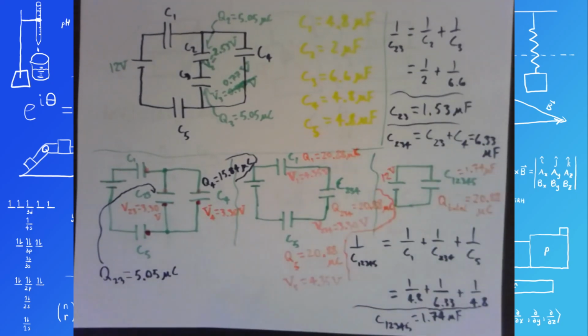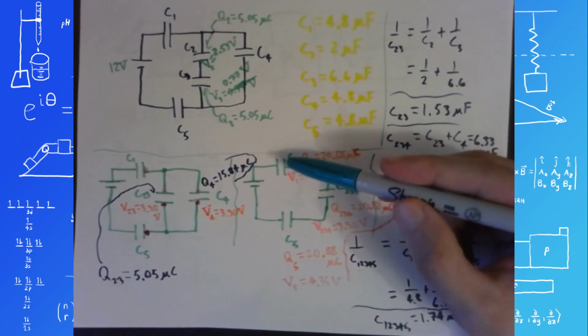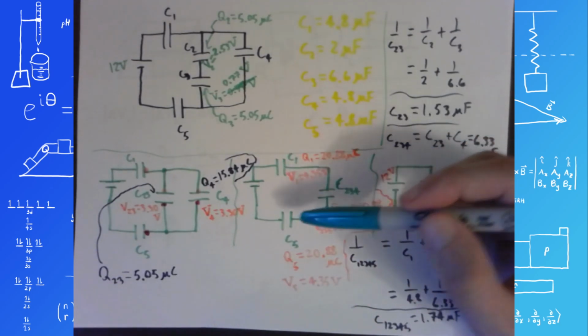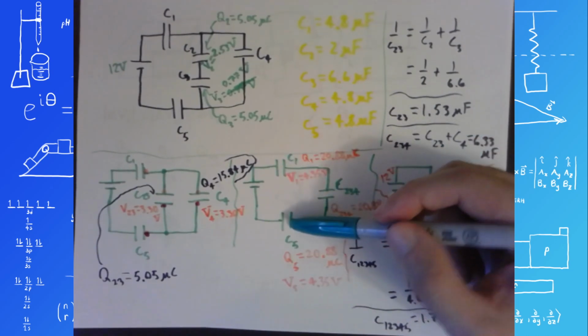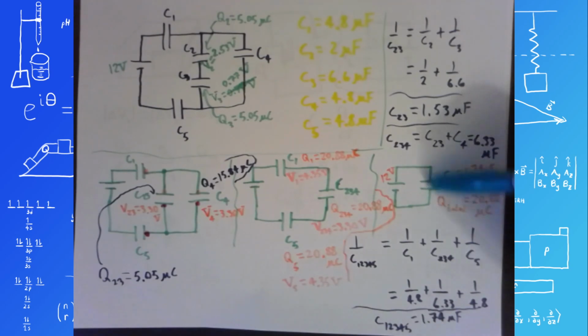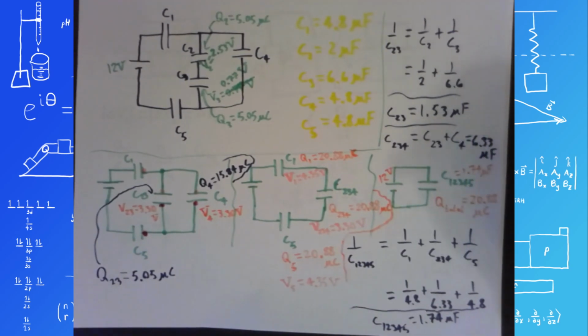Let's go ahead and check that. 4.35 plus 3.30 plus 4.35 again is exactly 12. Yeah, so capacitors in series, their charges are the same, their voltages add to the total voltage across their equivalent capacitor.